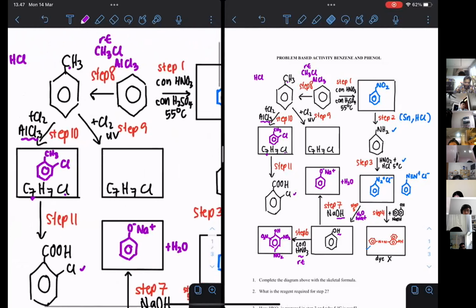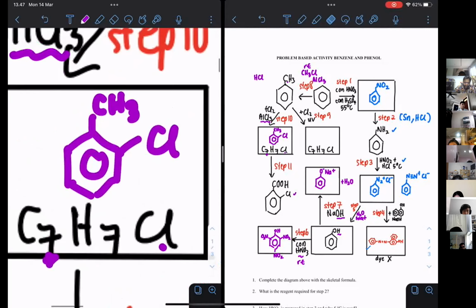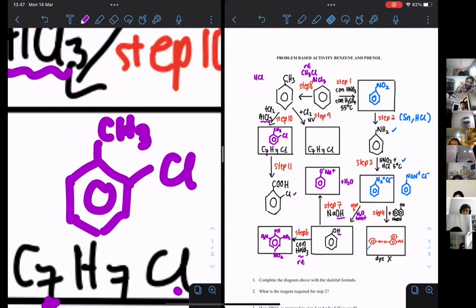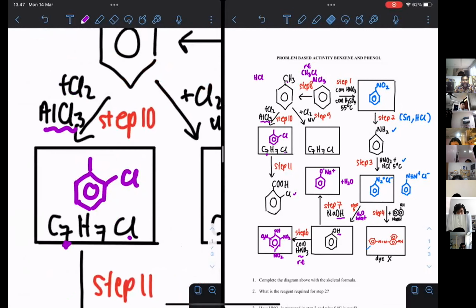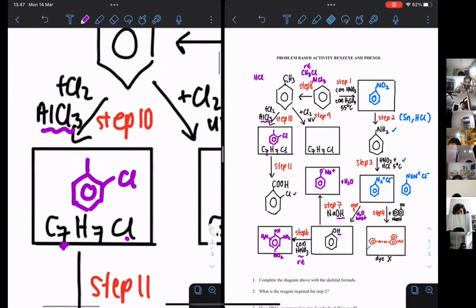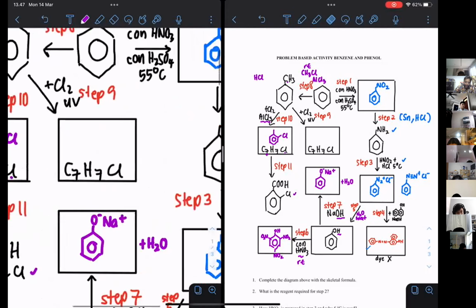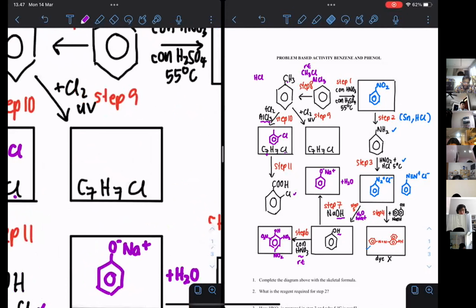This one is not a skeletal formula. If you want to draw the skeletal formula, then we ignore this one, just put a line over there, and that is the skeletal formula. Then if you look at this, Cl2 with UV light, you have methyl benzene.